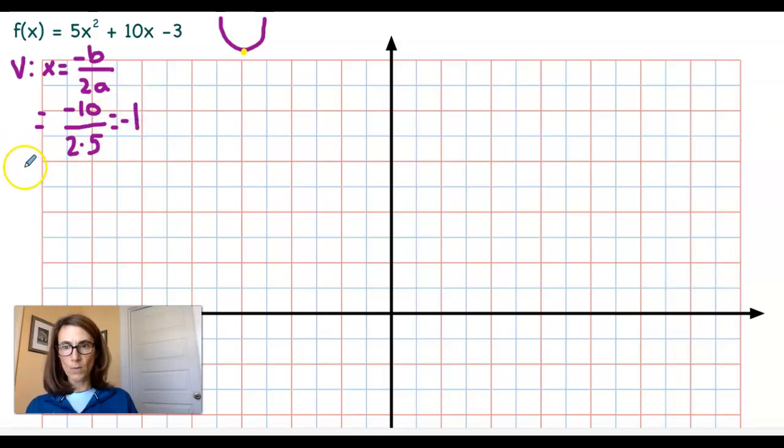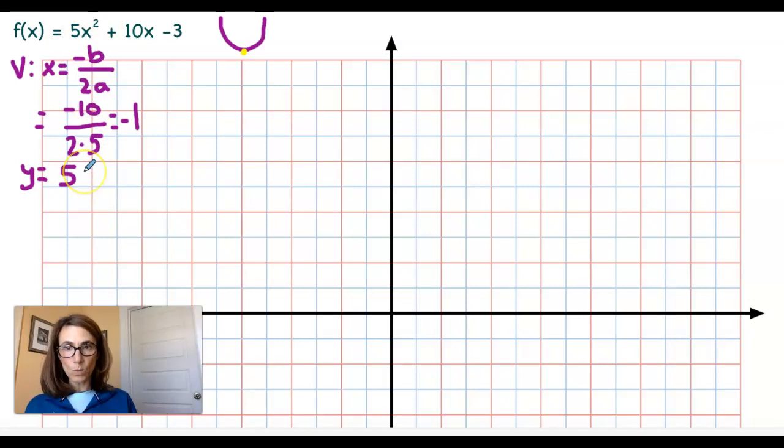All right, now we need to find the y value of our vertex by plugging negative 1 in for x. So we have 5 times negative 1 squared, and negative 1 squared is just 1.